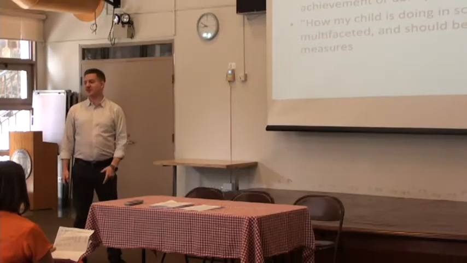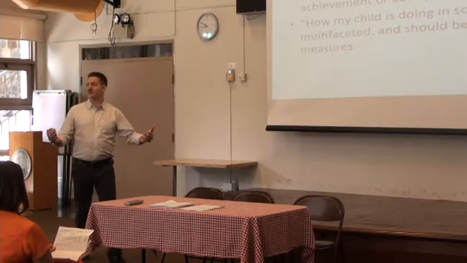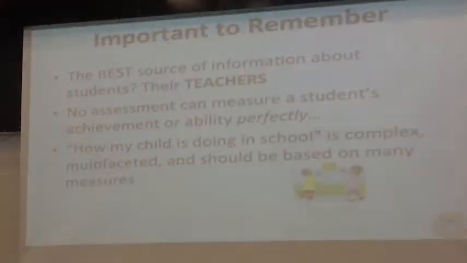Social-emotional well-being is incredibly important. We are a whole child school. We're trying to educate all the aspects of a kid. MAP is absolutely an important part of our program, an important part of how we understand what's happening, but it's just one piece of that puzzle.